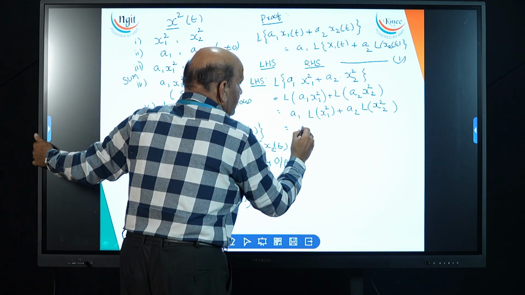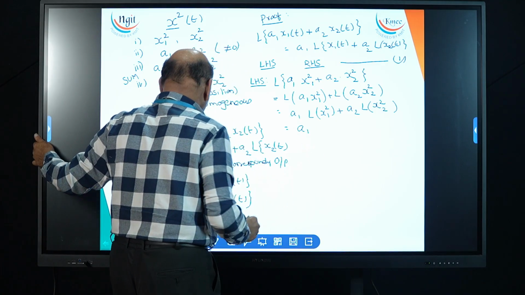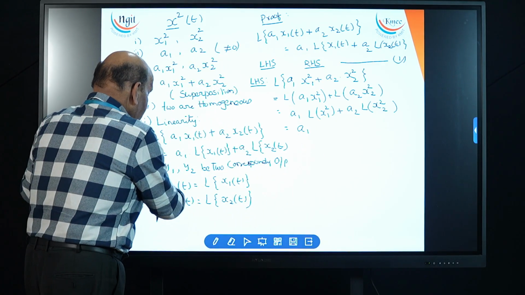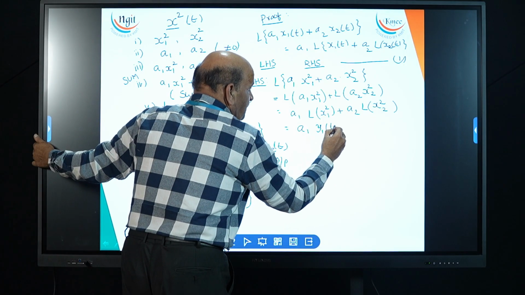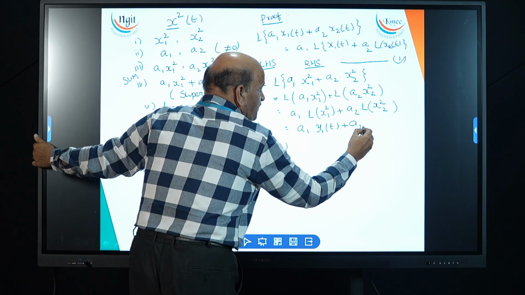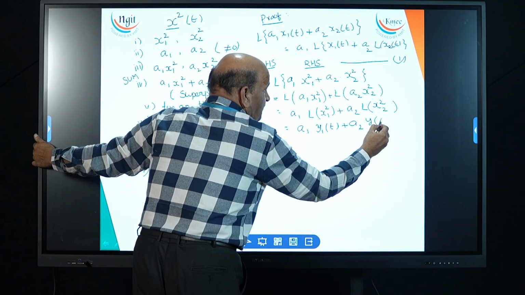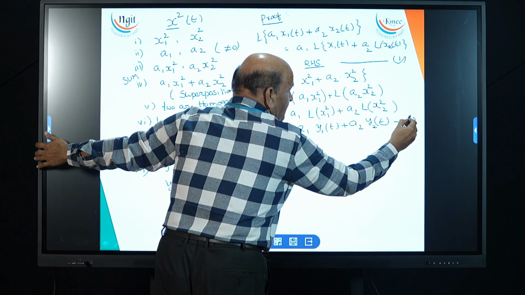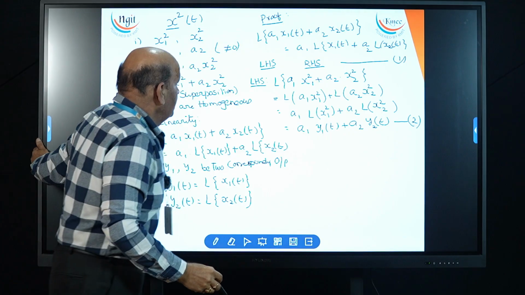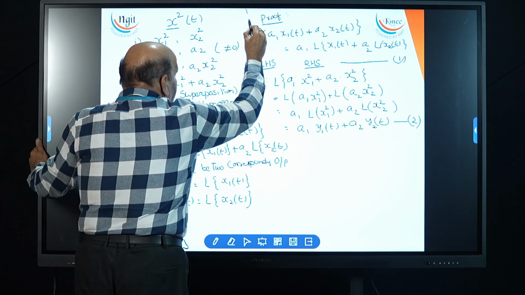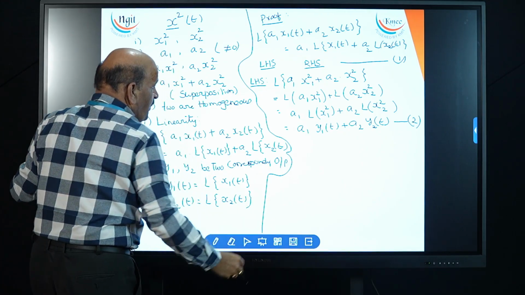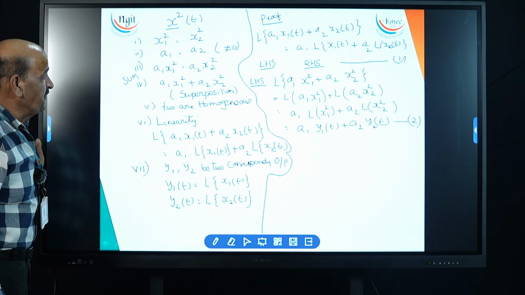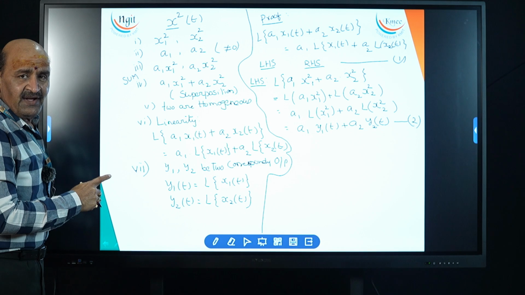Now this is equal to a1 times, what is L of x1 square? That is equal to y1 of t. And this is a2 times y2 of t. This is the second equation. What we got is the value of LHS.